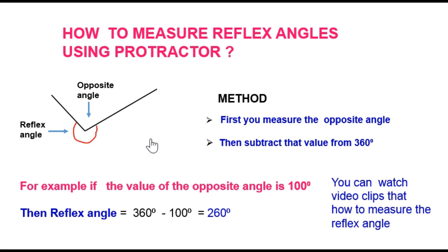This is the very easy method: you have to measure the opposite angle, then subtract that value from 360. You can see the example here. If the opposite angle is 100 degrees, then 360 minus 100 gives 260. Then we can find the reflex angle. You can see some video clips, then you will understand how to do that.